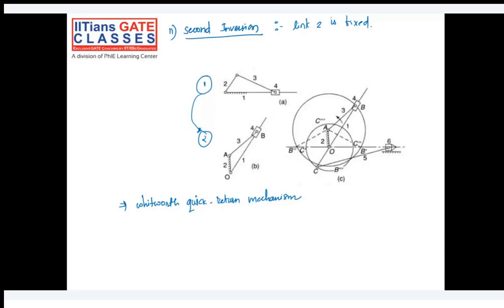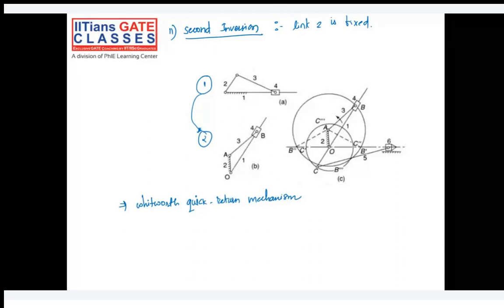So look at this particular figure here. Figure number C explains the overall working of Whitworth's quick return mechanism. I'm trying to show you here two different angles, and how the time is linked with those angles, that I'll explain.